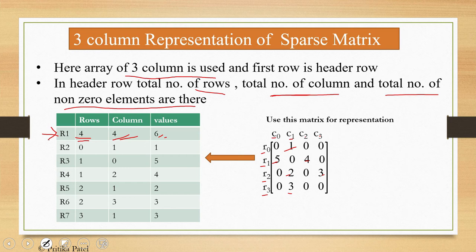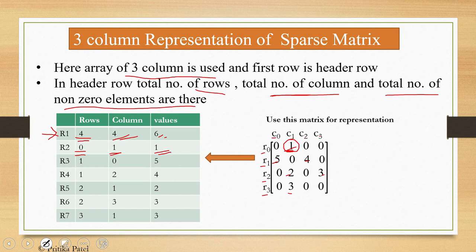Now next is R0. Now in the R0 row what we have to see here: element 1 is there. So this is row 0, right? So in the 0th row and column 1, element 1 is there. So row number 0 and column number 1 has element 1, right?